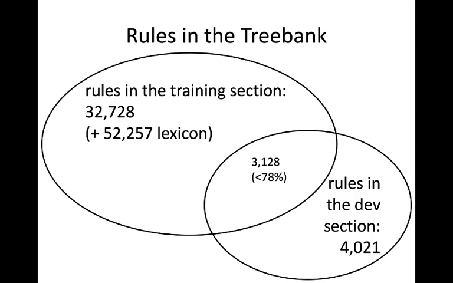But that's what we're working with. So it's really hard, if you're applying naive methods and you don't know that, to get above that 78% on the dev section, because a lot of the rules just aren't there.